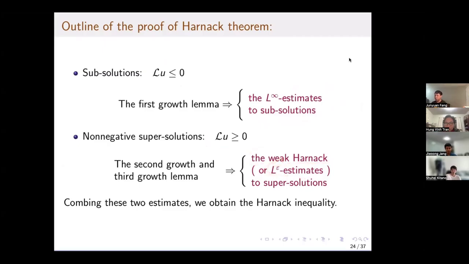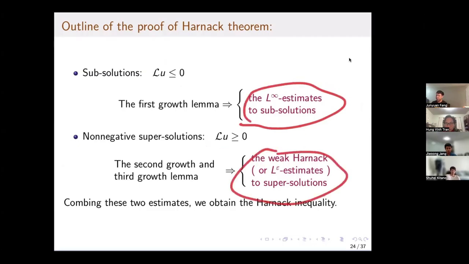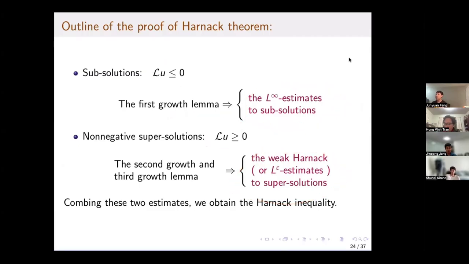Then you combine these two and you will get Harnack. But for Krylov-Safonov, the original idea is they didn't derive these two estimates. They tried to get some Galois lemma, but essentially the idea is similar. And by some other technique, you can also get Harnack.